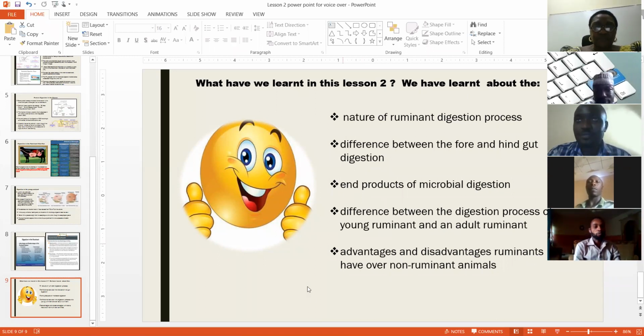So far, what I've been able to get from the beginning of the class, from 1 to 2, is the importance of rearing ruminant animals.